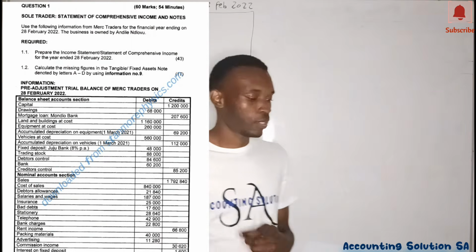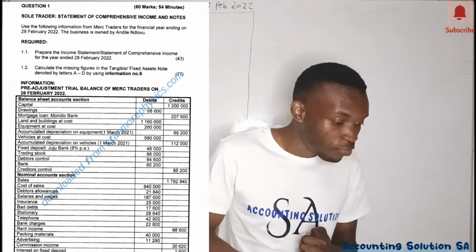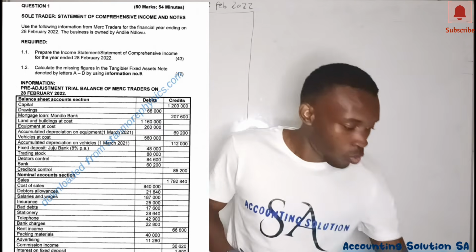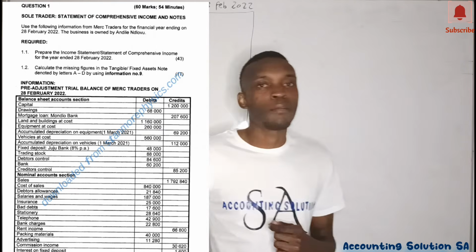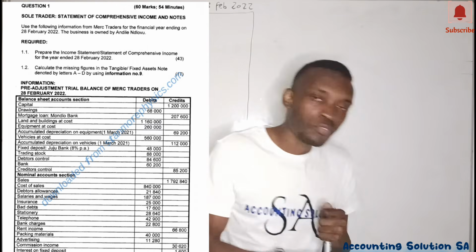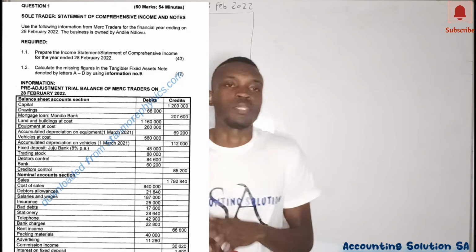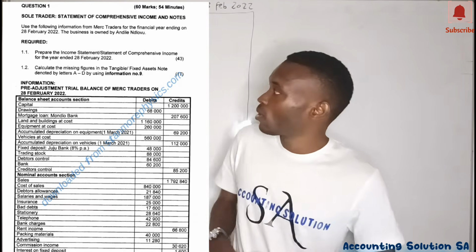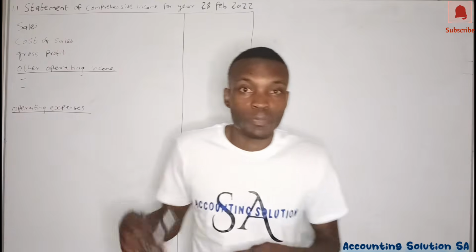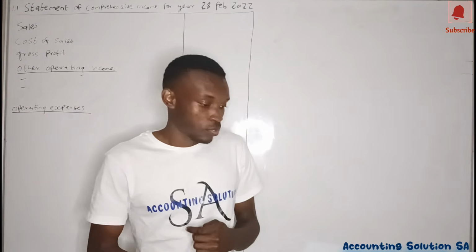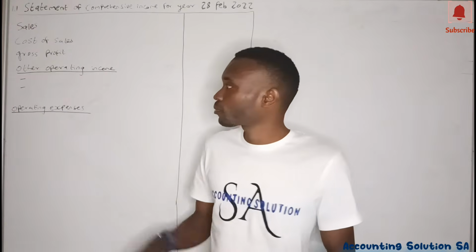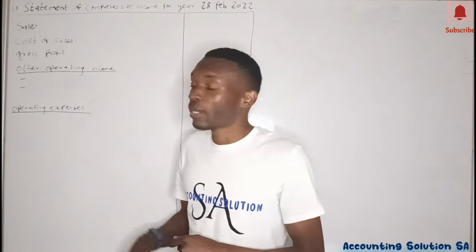Question 1 is a statement of comprehensive income and note. Beside the answer book that they are going to provide to you, you have to make sure that you know the format. It's very important because the format that they provide for you is not going to be complete or enough. For example, they're not going to give you other operating income.